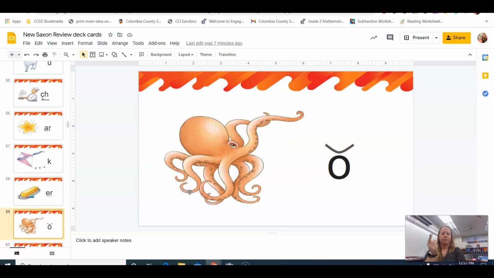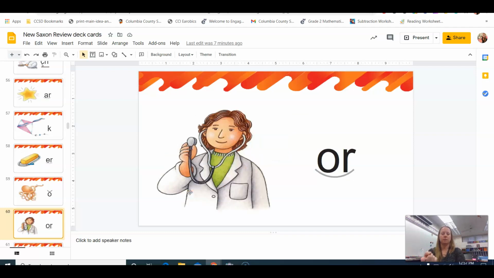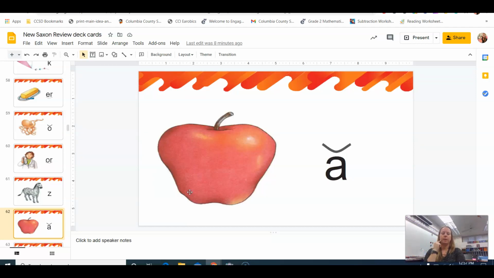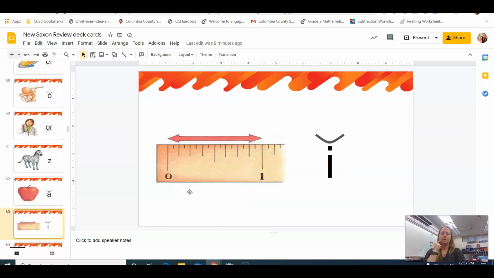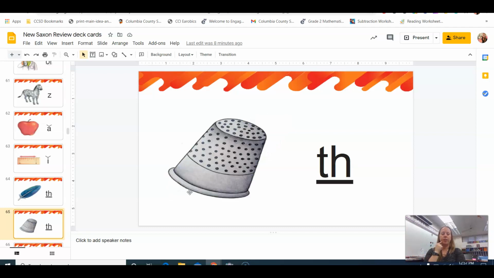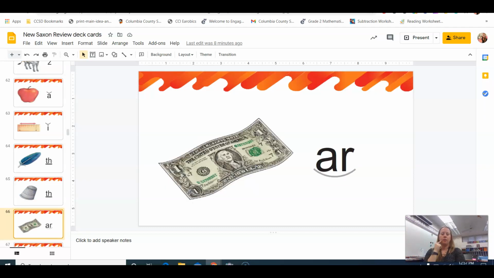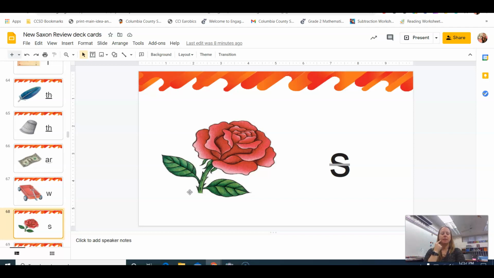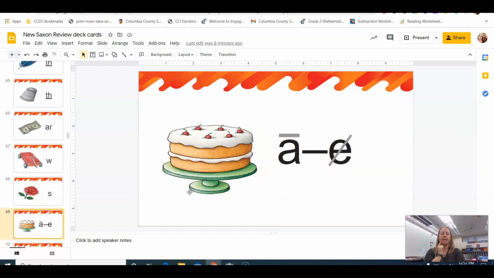Octopus ah. Zebra z. Apple a. Inch i. Feather v. Wagon wa. Rose z. Cake a.